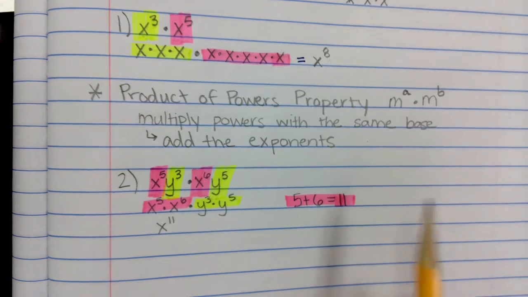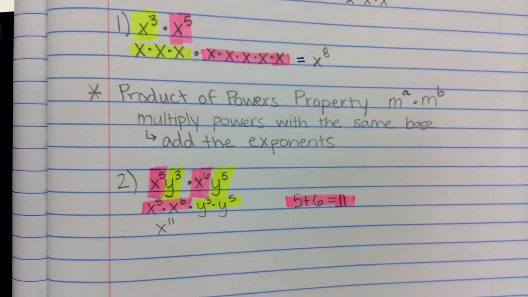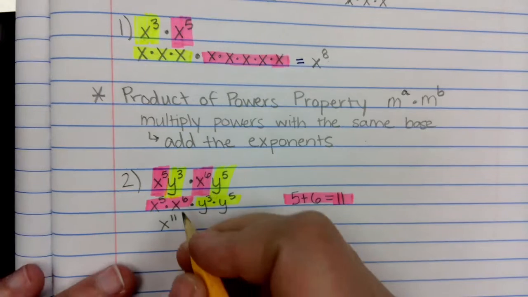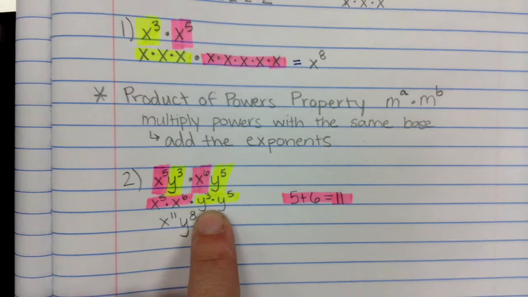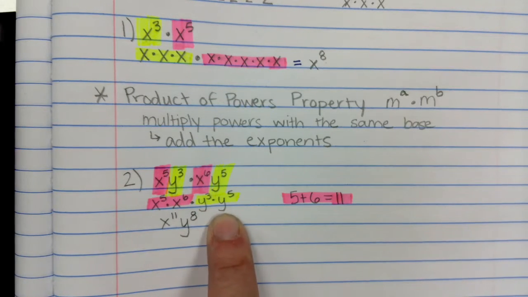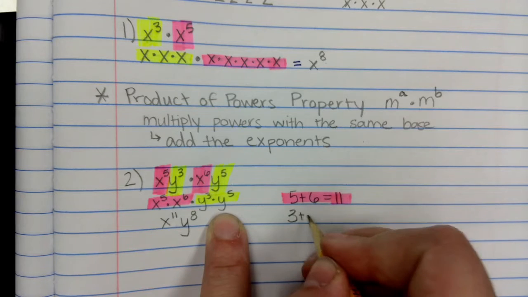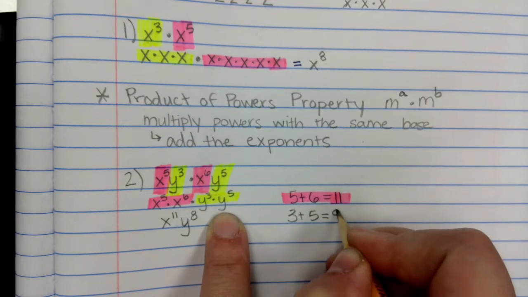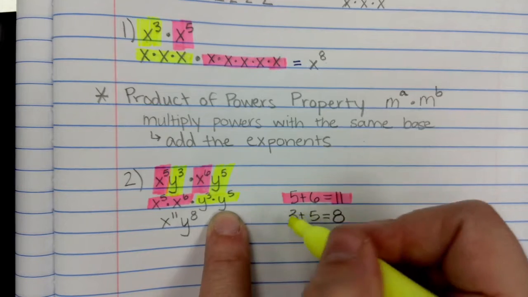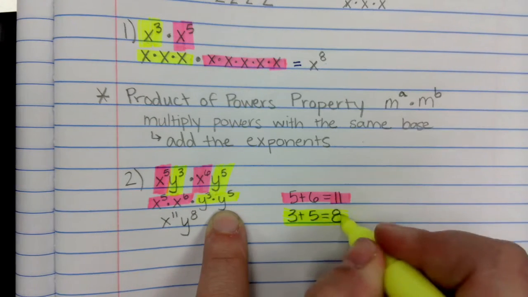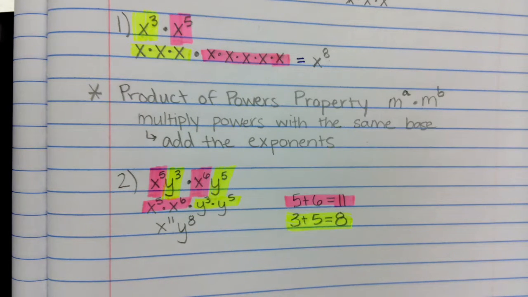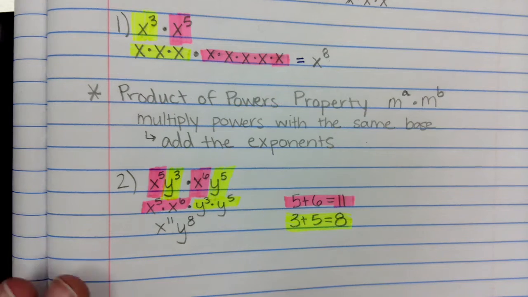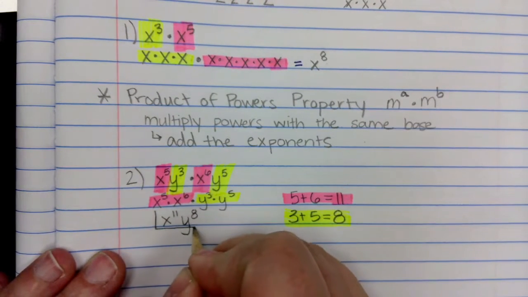Again, when you're doing your work, you probably wouldn't need to write that down, but because it's our notes, we're just writing down our steps. How many y's would we end up with? How did you get 8? Good, we have 3 y's, and then we have 5 y's. So 3 plus 5 equals 8. And that was for my y's, which I did yellow. Can I combine my x's and my y's together? No. So this is my final answer. That's as simple as I can make it.